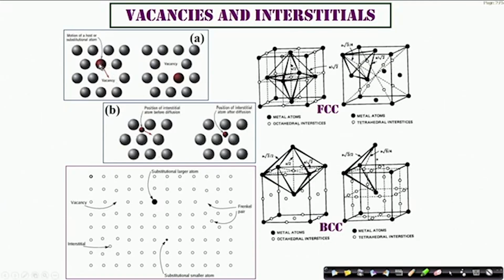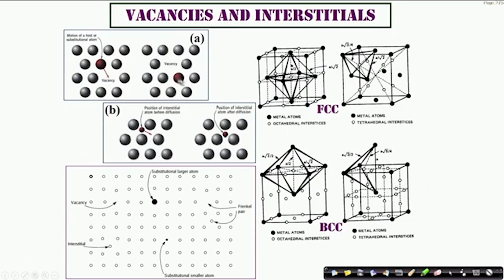So this fellow actually can easily go to the next neighboring vacant position, because this is the easiest way to move. And when this atom moves to the vacant site, then the vacancy always exchanges position and goes back.